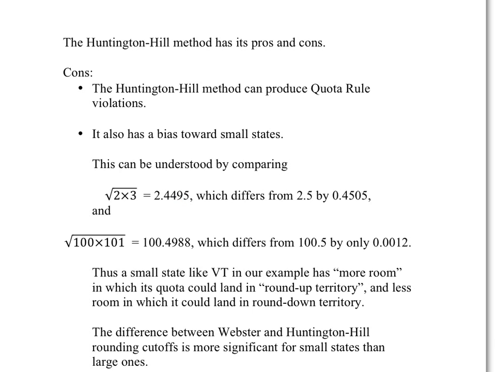So there is more space between this number and 3 than there is between that number and 3. So Huntington and Hill, in some sense, give a small state like Vermont a little more opportunity to get rounded up. Okay. The difference between these cutoffs becomes insignificant when we look at larger states.